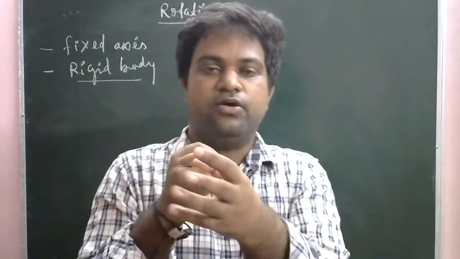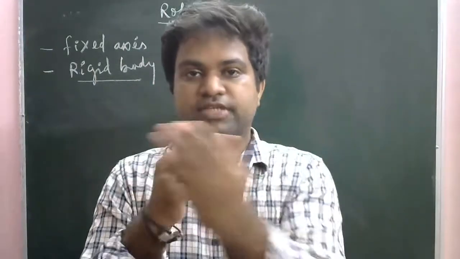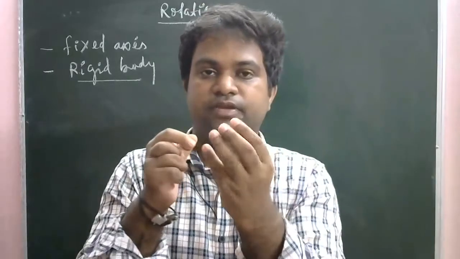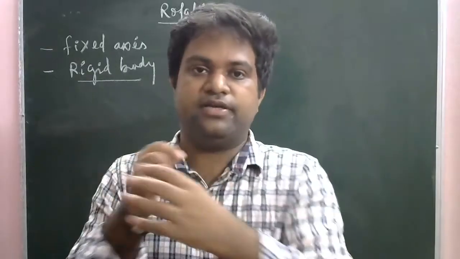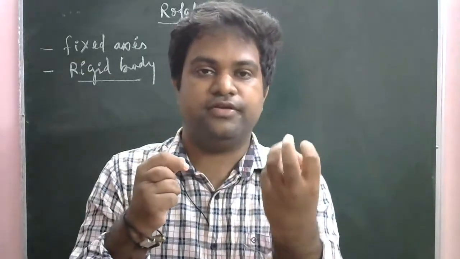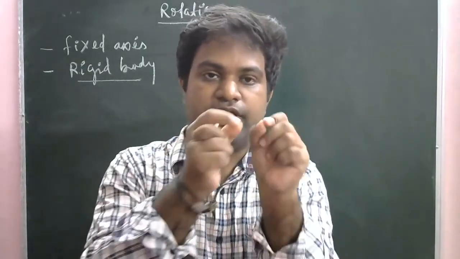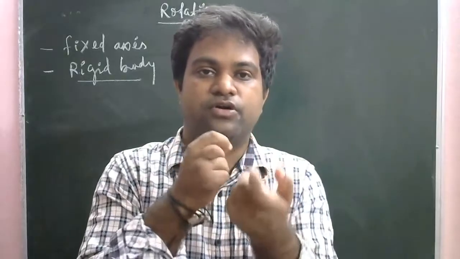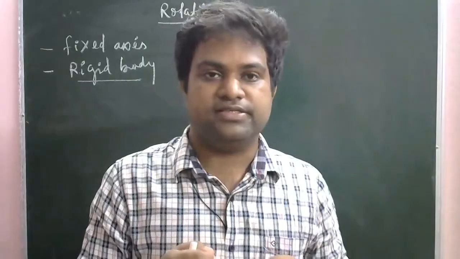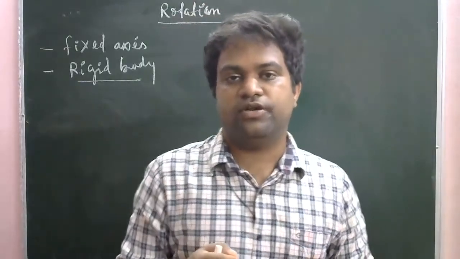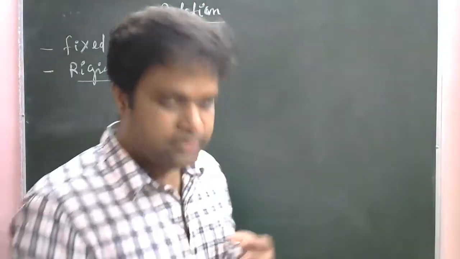Some particles of the gas will move faster, some will be at the back. But if it is iron, a solid, a very rigid object, where the intermolecular distance will not change when they rotate around the axis, such types of objects are called rigid objects.